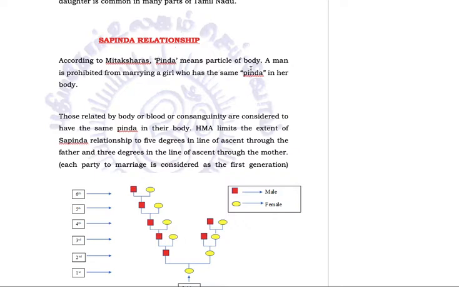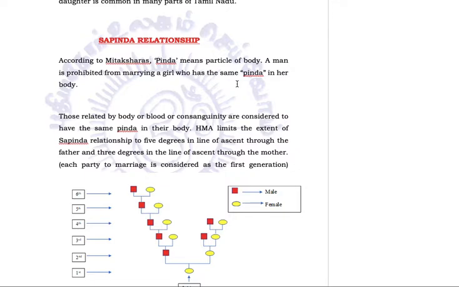Pinda means particle of a body. A man is prohibited from marrying a girl who has the same pinda in her body, that means you cannot marry a girl or a boy who has the same particle of body as you have.